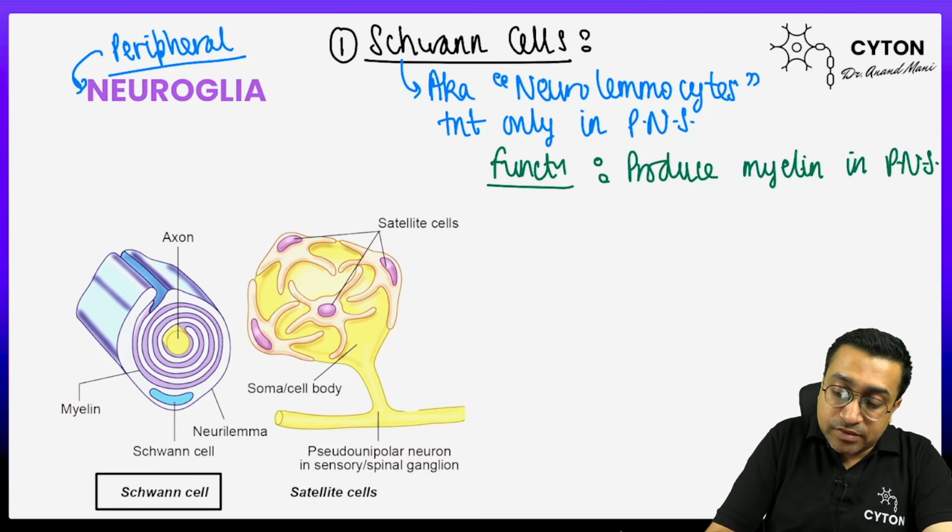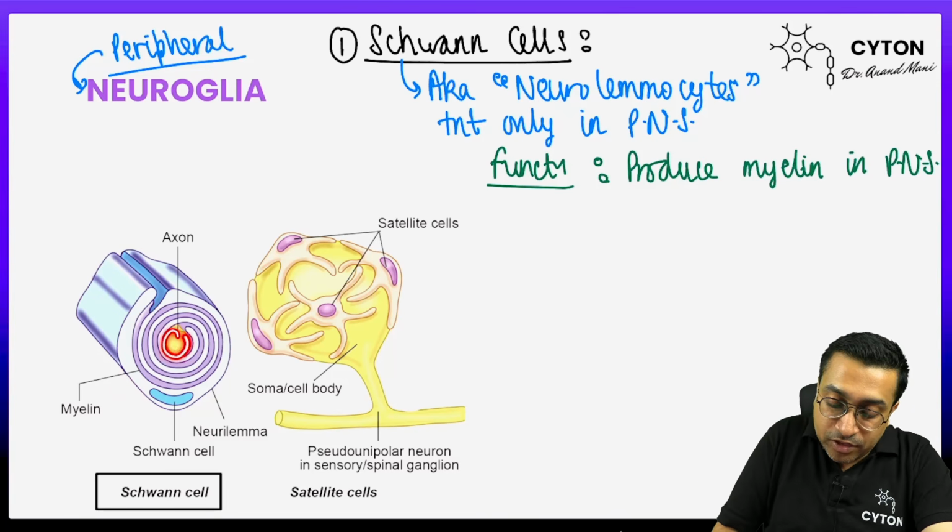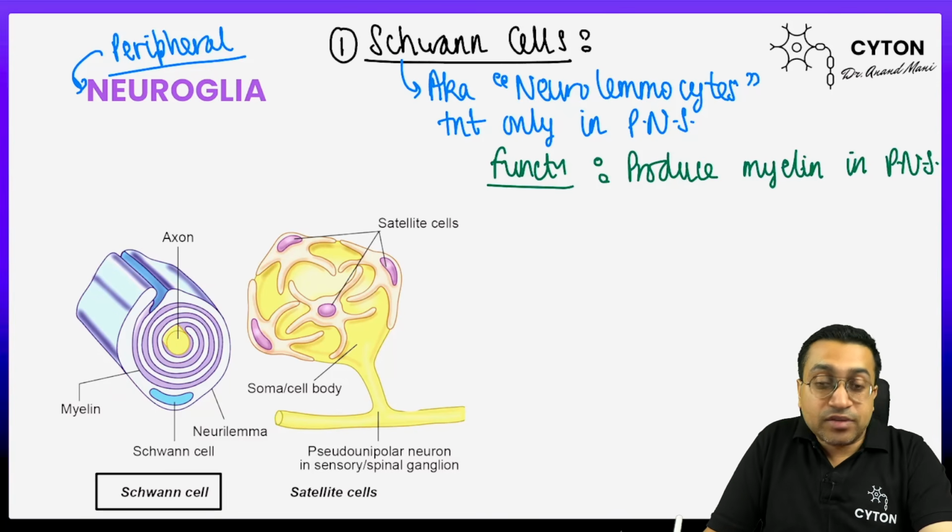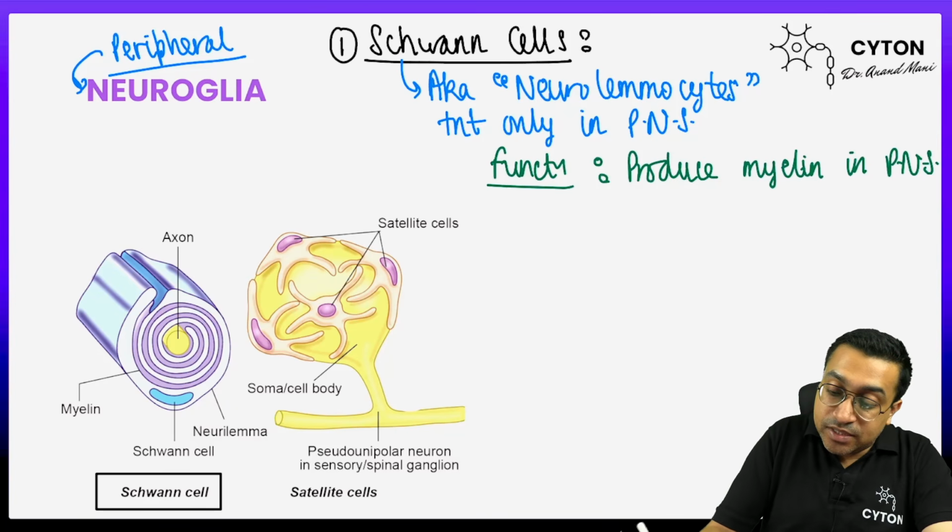Okay, so you can see this photograph showing the Schwann cells. This is the myelin which is surrounding them. This is the axon. Then you have the satellite cells. Now what are these satellite cells? Number 2 category.